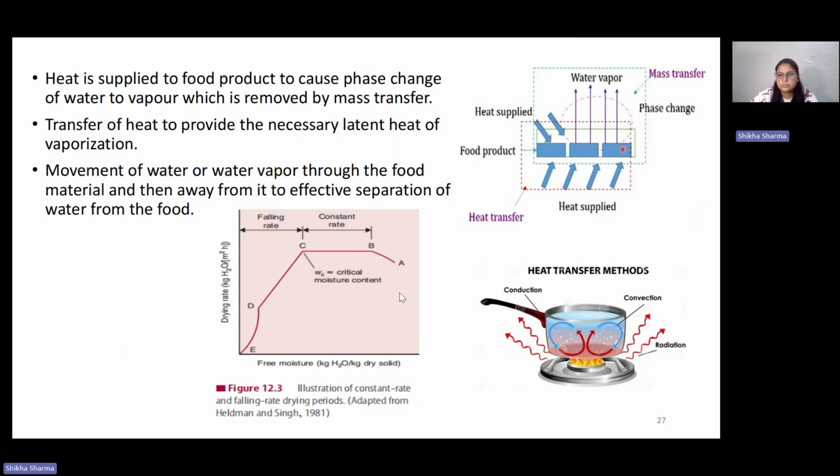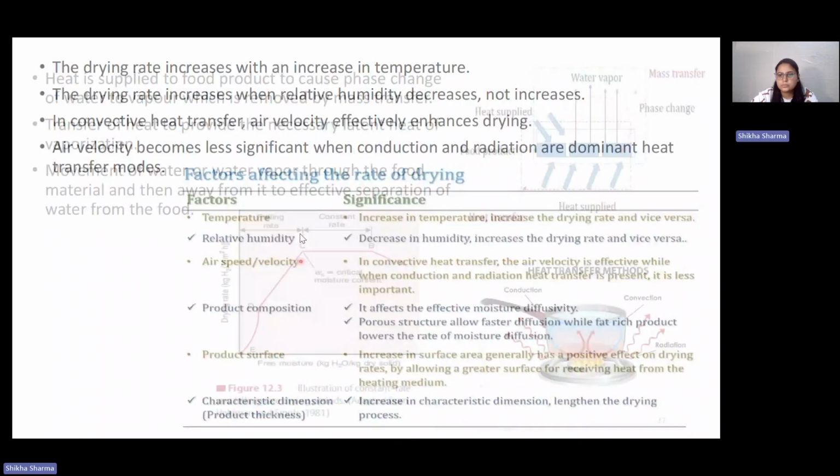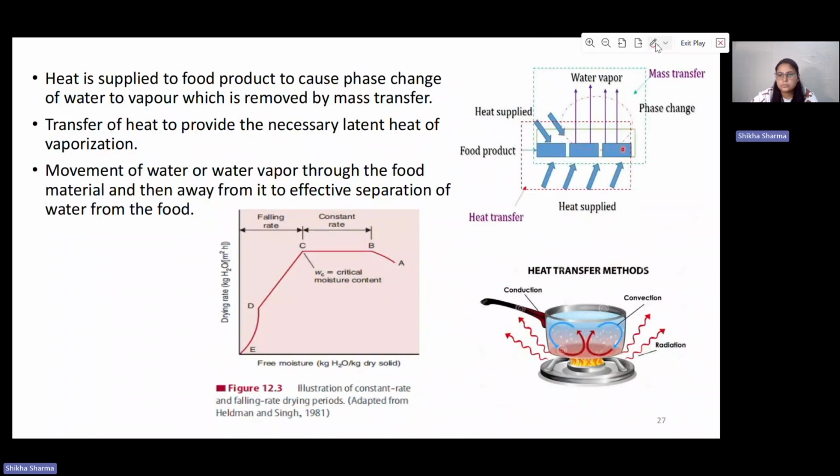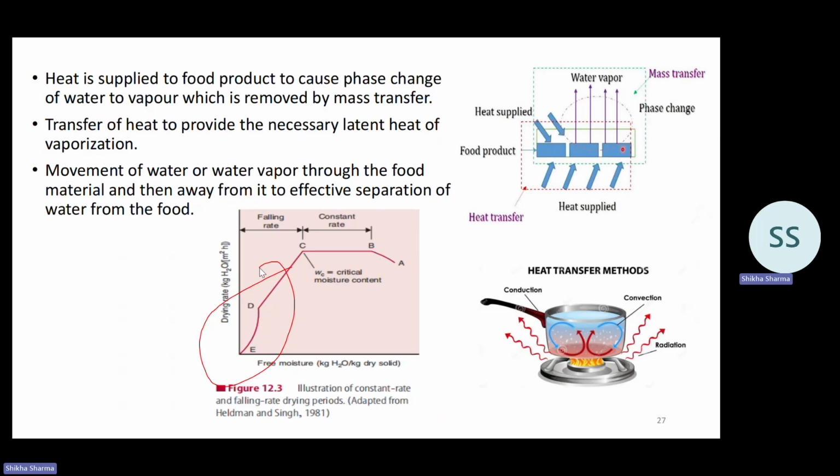Then the first falling rate is there because the water which is near to the food product, the intermolecular water, will come out, and then the water which is very close bound to the food product will need more heat energy to come out from the food material.